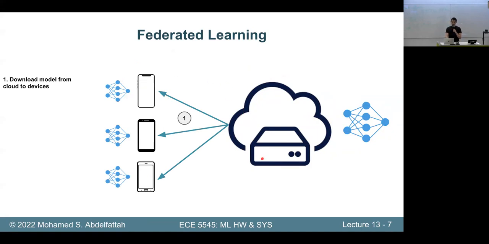Then the next step is, every device is now independent. It's not connected to the cloud. It can operate offline and everything. So each device is also gathering data all the time. So device 1 is gathering different data from device 2. So maybe the person owning this phone really likes to take photos of landscapes, but the person owning this phone really likes to take photos of their dog, for example.